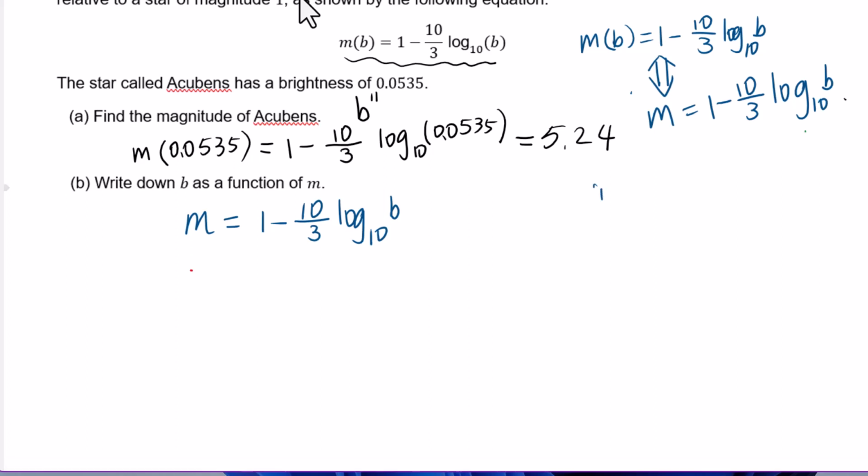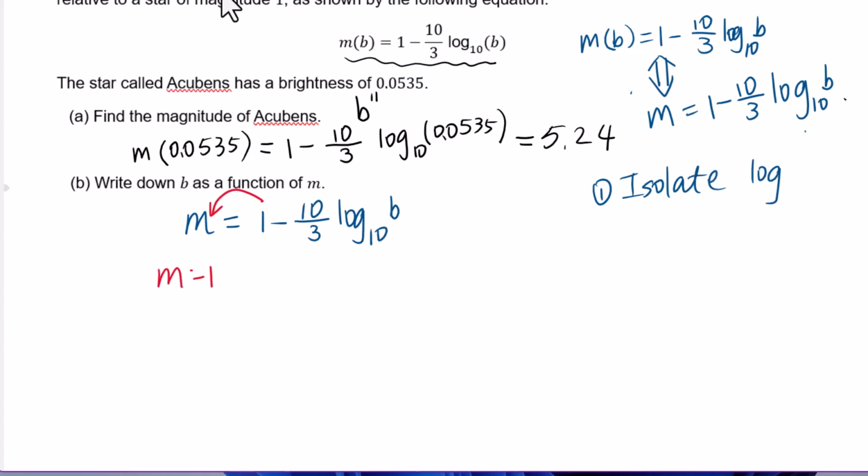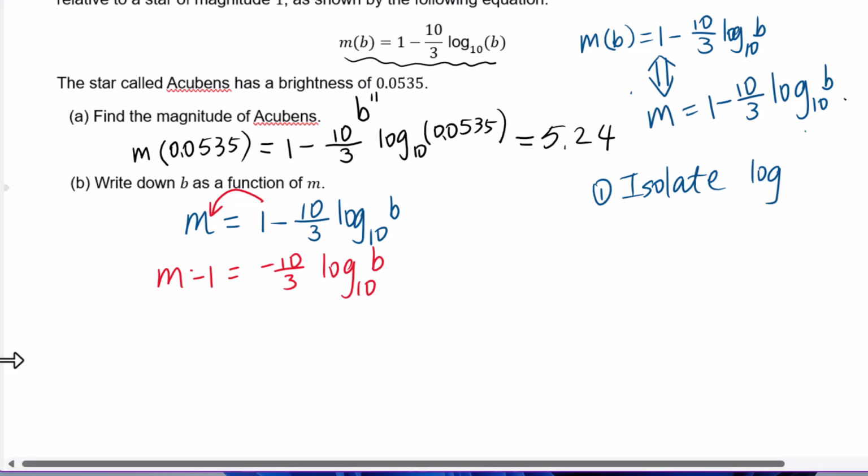First of all, we need to isolate the log. Minus 1 on both sides. M minus 1 equals negative 10 over 3 log base 10 of B. We try to get rid of negative 10 over 3.